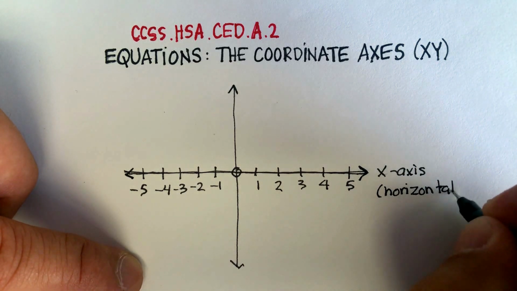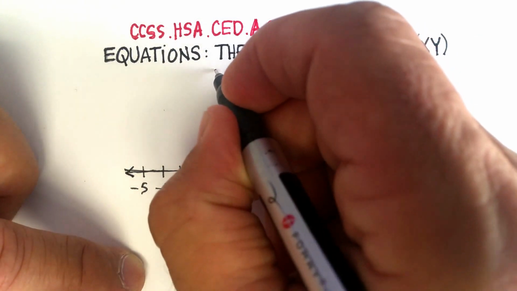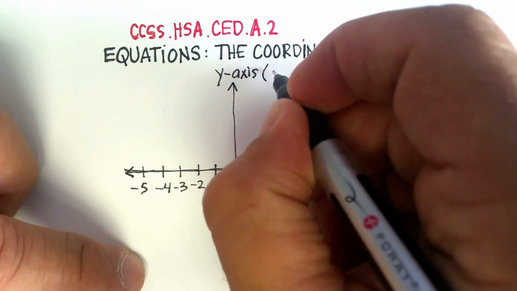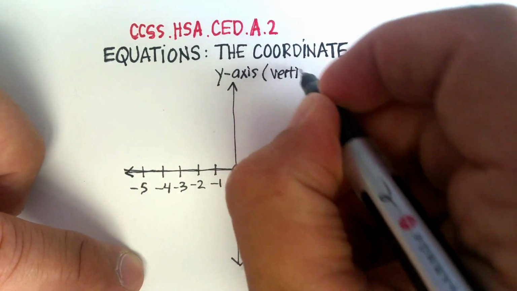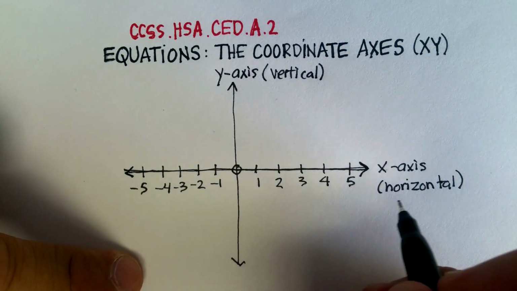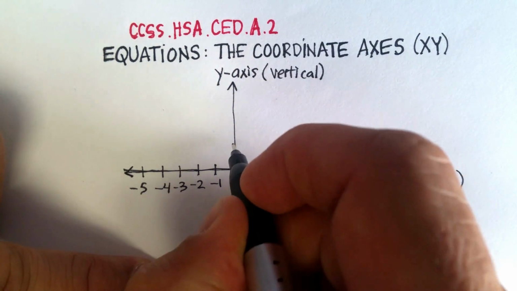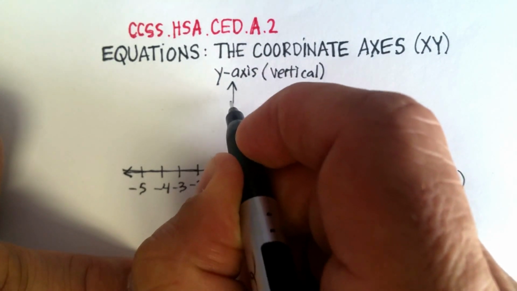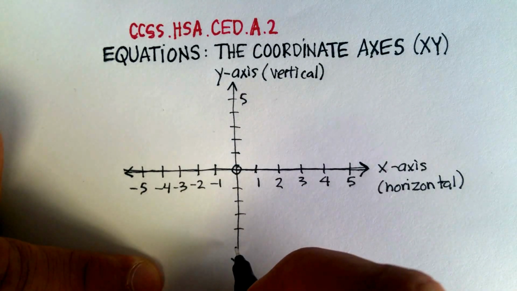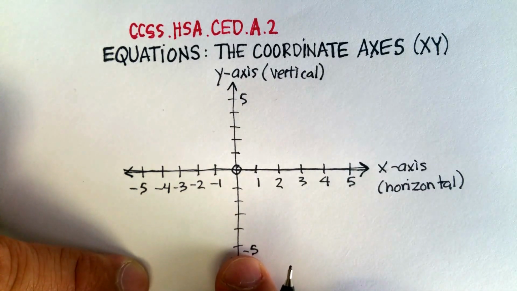And then the y-axis in mathematics is a lot of times called the vertical axis in different kinds of sciences. And it works the exact same way. So again, if I took that and flipped it up, you'd have +1, +2, 3, 4, 5, and then -1, -2, -3, -4, -5. Okay? I'm not going to fill in all the numbers. You understand how that works.